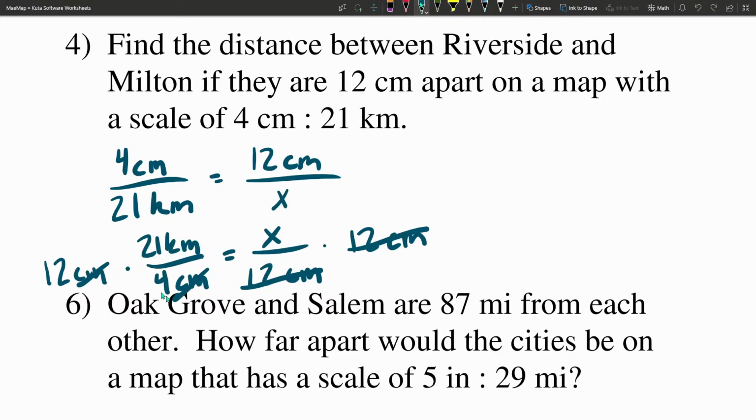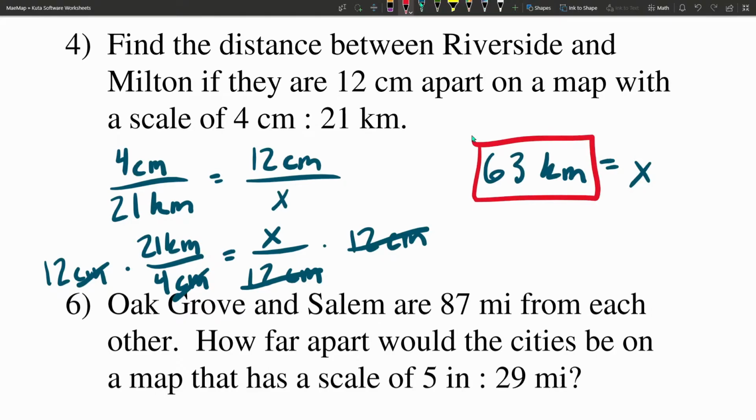But what exactly is that value? Well, 12 times 21 divided by 4, it's going to be easier if we do 12 divided by 4 first, which is 3, and 3 times 21 is going to be 63. So 63 kilometers is the distance between Riverside and Milton. That is our x, which is our unknown for this proportion.